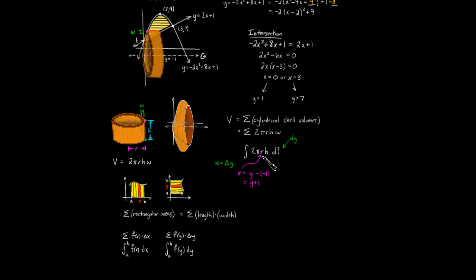Okay, well, what about r? What is that in terms of y? And of course we have our answer here, but let's see where it came from. Remember, r is the distance from the center, where the axis of rotation is, to the outer edge. In our picture up here, there's the center, there's our axis of rotation.